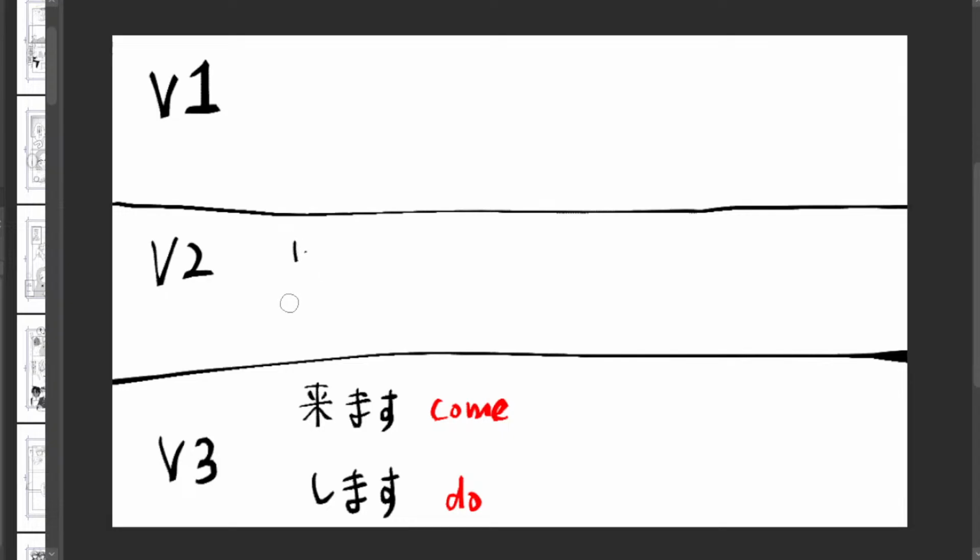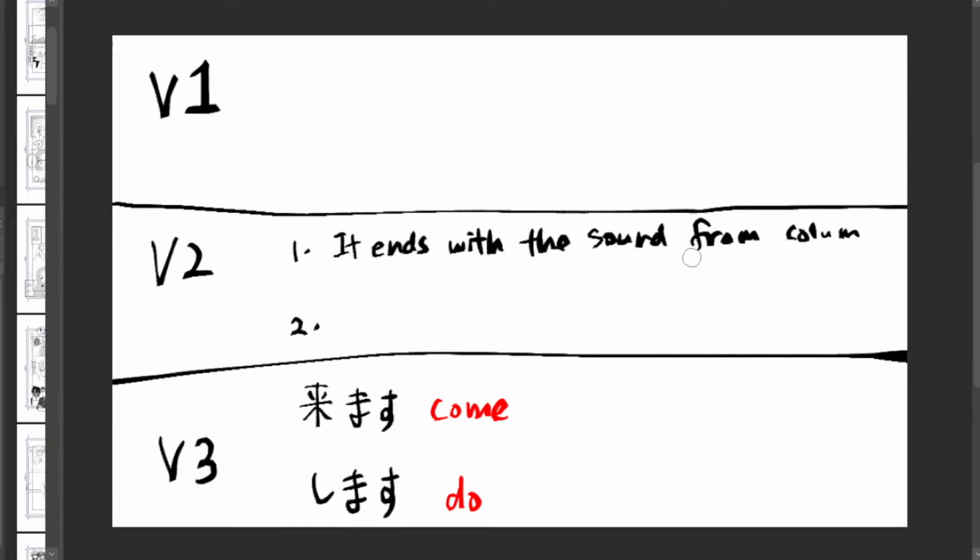The first one is that it ends with the sound from column E, before masu.